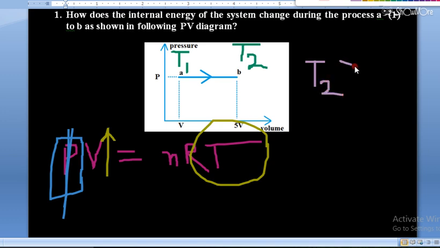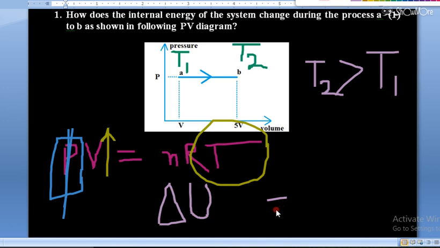And you know the change in internal energy depends directly on the change in temperature. Here the change in temperature is T2 minus T1, final temperature minus initial temperature.